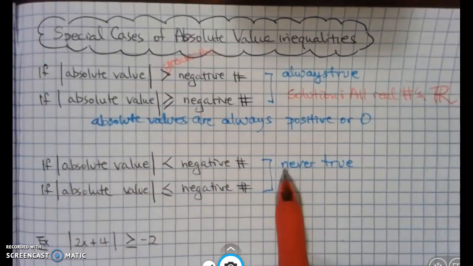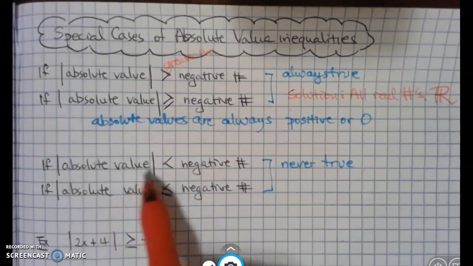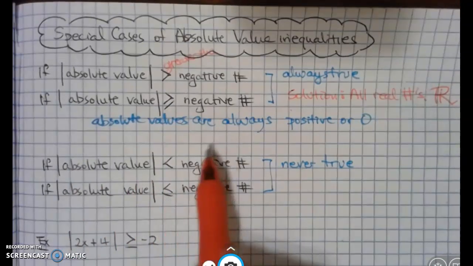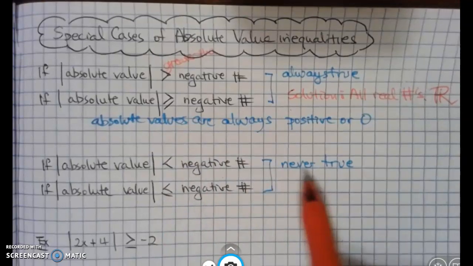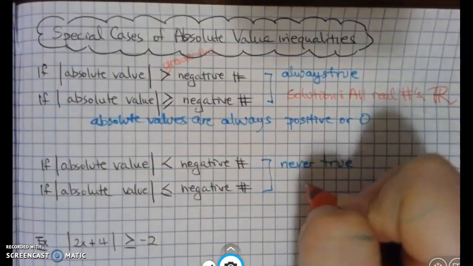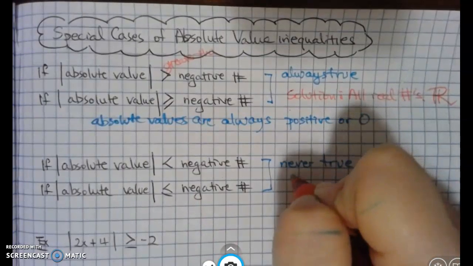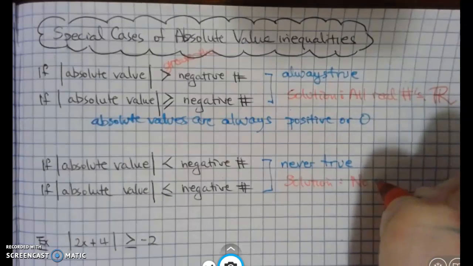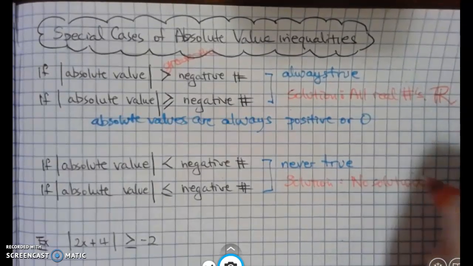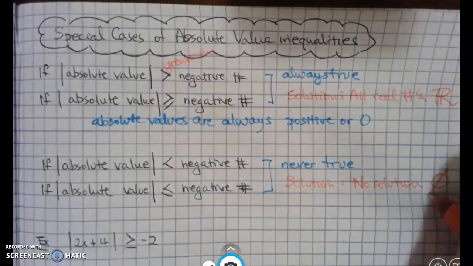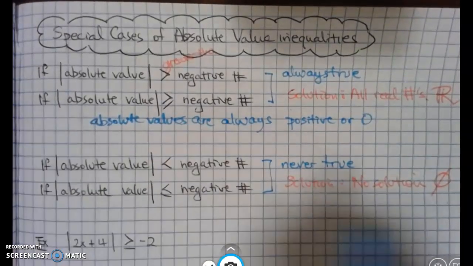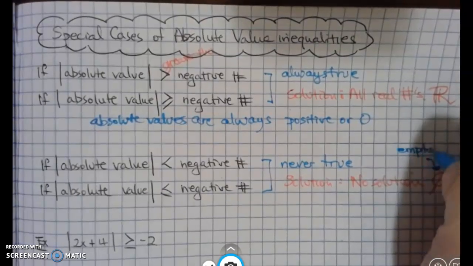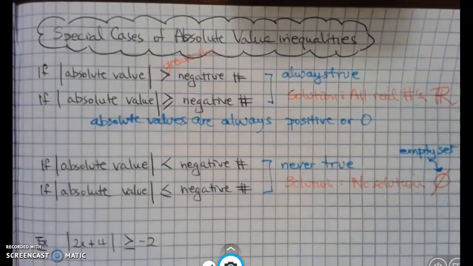So we don't even have to start finding the boundary points or testing anything. You need to straight away be thinking this is never true. So we say it is no solution. Or we can denote that as this 0 with a diagonal line across it. This is what we call the empty set. It basically means no solution.